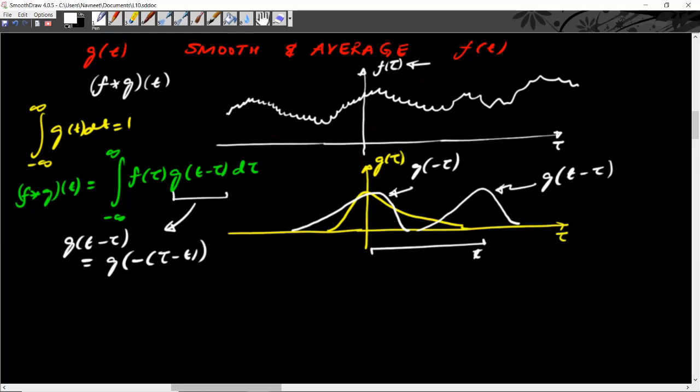So g of t minus tau means I flip my function g and then translate it by a time t. Then the next step is to take the product of this function f and this function g of t minus tau, that is the function g that has been flipped and translated by a time t.